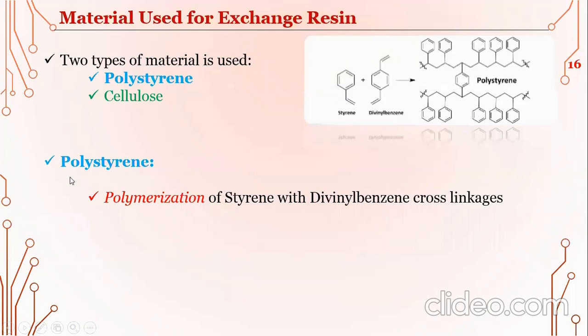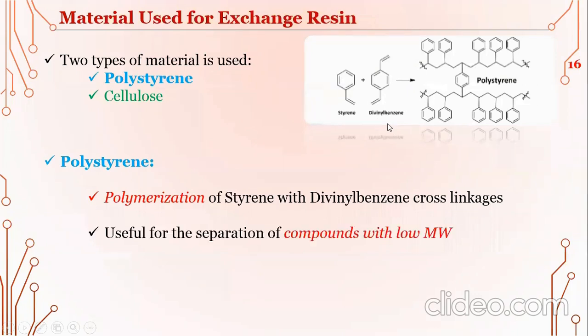And so the polystyrene is basically composed of styrene monomers cross linked with divinyl benzene, and is useful for separation of compounds with low molecular weight.